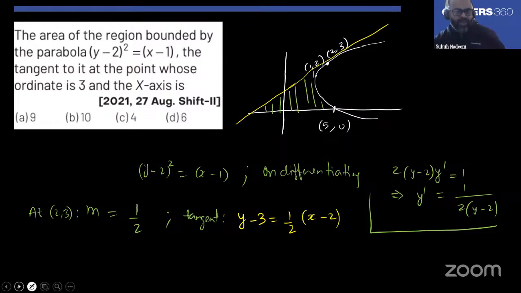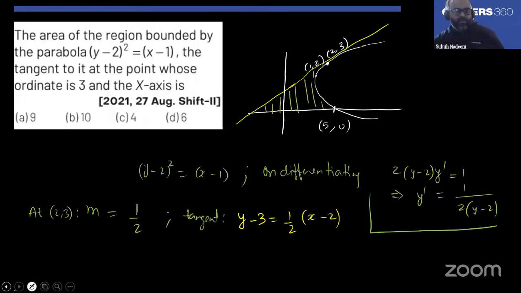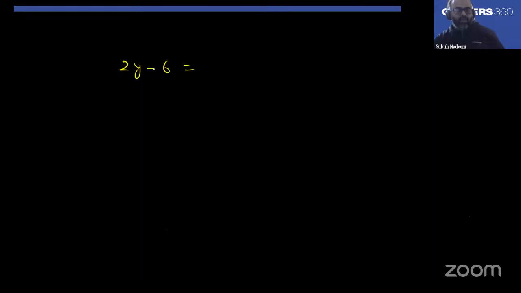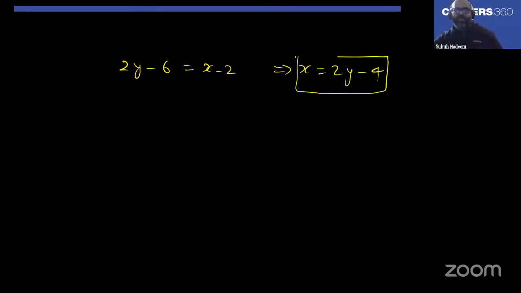You can simplify it like this, that it is 2y minus 6 is equal to x minus 2, or you can write it as x is equal to 2y minus 4. So this is the equation of the tangent. I'm expressing x in terms of y.